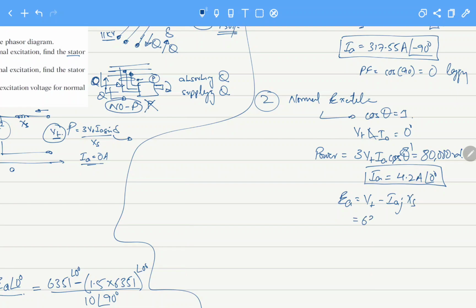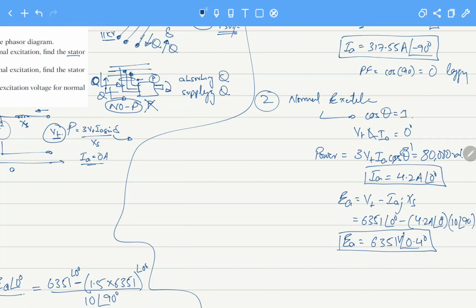Vt we know is 6351 with an angle of 0 degrees, minus Ia, which is 4.2 amperes at angle 0 degrees, times Xs, which is 10 angle 90 degrees. When we solve this, the value of Ea will be 6351 with an angle of 0.4 degrees.